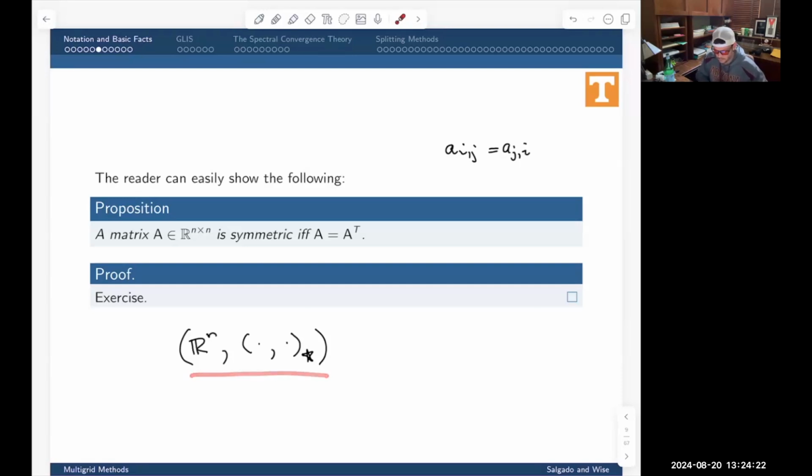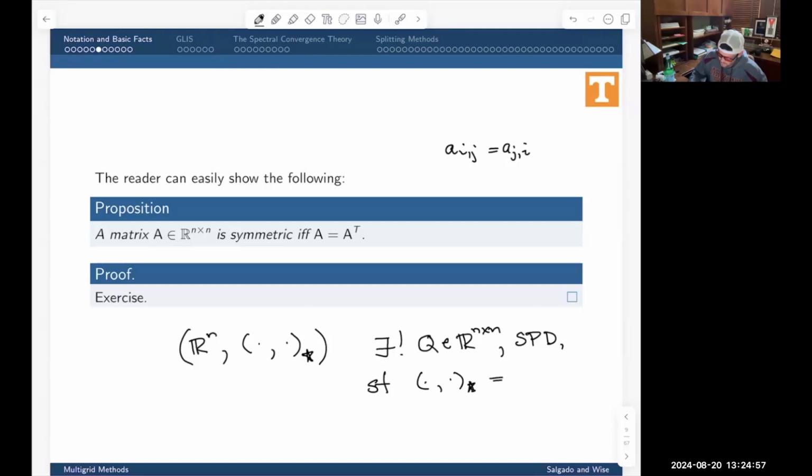A complete inner product space. But the idea is we're in finite dimensions, we're in Rn. So it turns out that there exists a unique matrix. What do we want to call this unique matrix? Let's call it Q, n by n, which is SPD, such that the star inner product is equal to, well, let me say it like this.